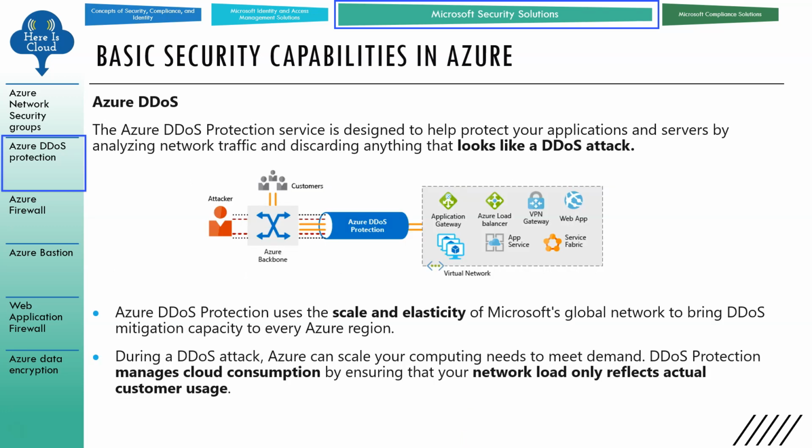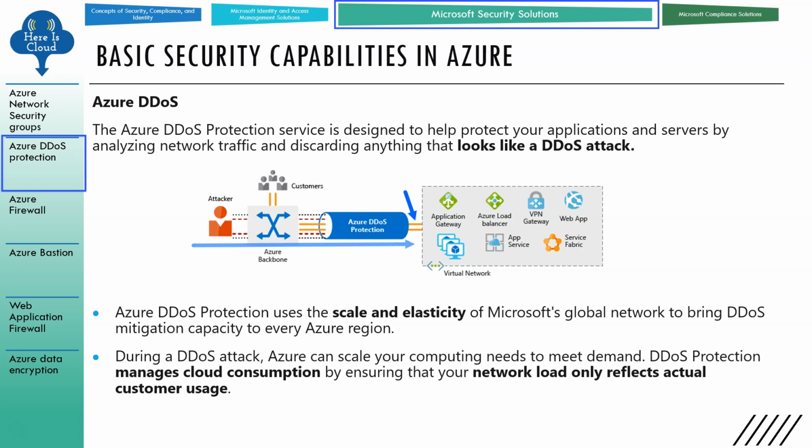Let's see how Azure helps in DDoS. So Azure DDoS protection service analyzes the traffic and disregards anything that looks like a DDoS attack. As you can see in the diagram, the attacker is sending some information which Azure DDoS protection is filtering out and only sending the information coming from the customer, represented by orange lines.